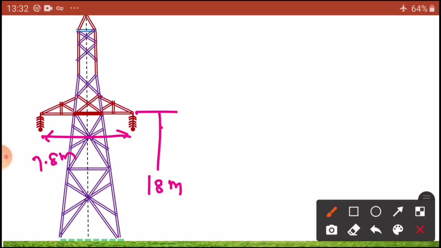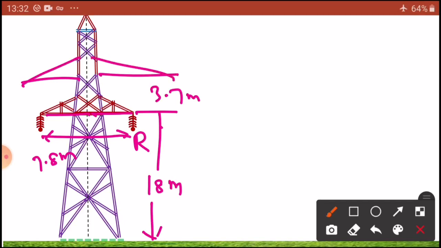That means by 2, this is the half length, 7.8 meters total length, and the height is 18 meters, one phase, for example the R phase. Now R phase to Y phase, the distance is 3.7 meters and the length is 8.2. So draw it 8.2. Next you take another phase.